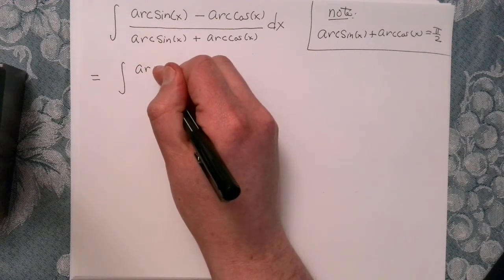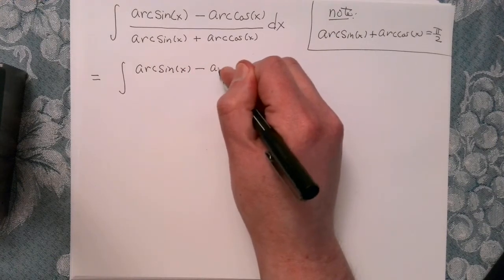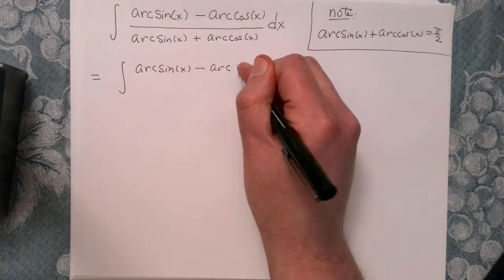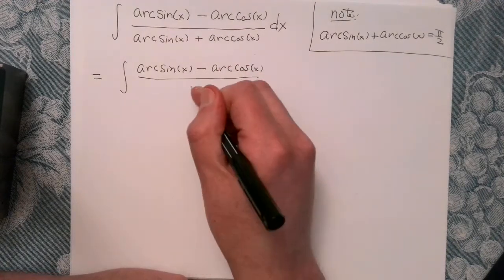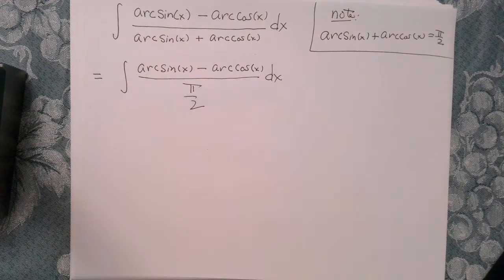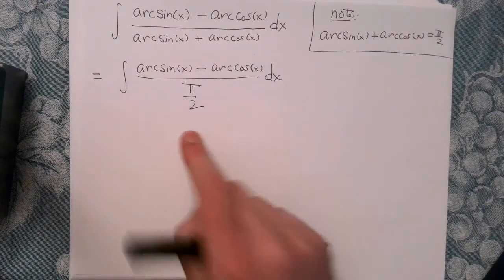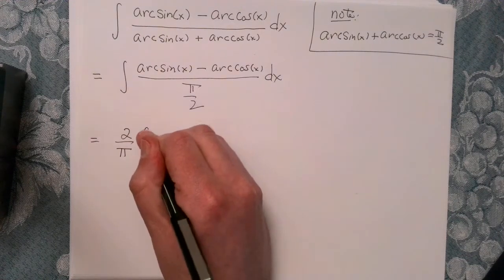So this must be equal to the arc sine of x minus the arc cosine of x over pi over 2. But I can bring that out in front as 2 over pi.